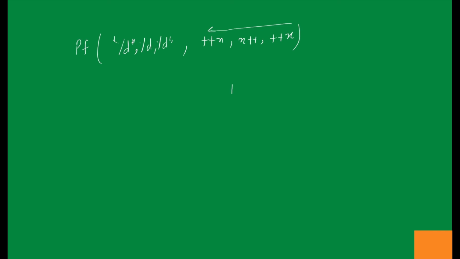So let me evaluate it. Plus plus x, then this is x plus plus, and this is plus plus x. So x is going to increment first, so we will get the value 2, but we have not assigned. Now we have assigned, so it becomes 2. Now after this we are going to increment it because we have plus plus, so it becomes 3. Right? And then here we are going to increment first, so it becomes 4, and then we are going to assign, so it becomes 4.